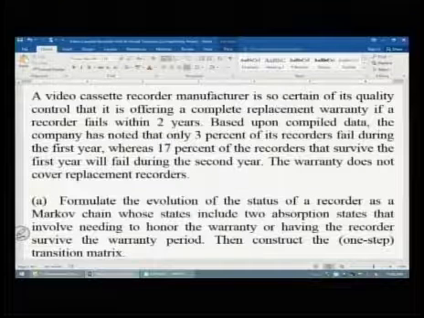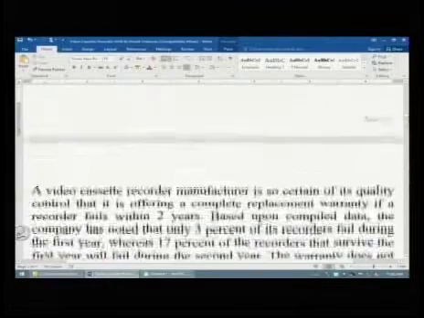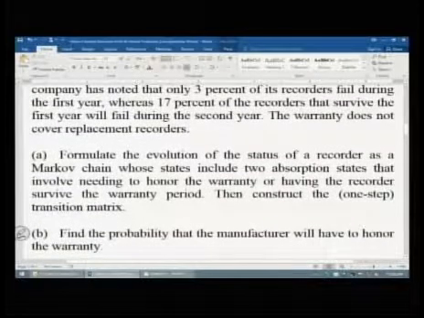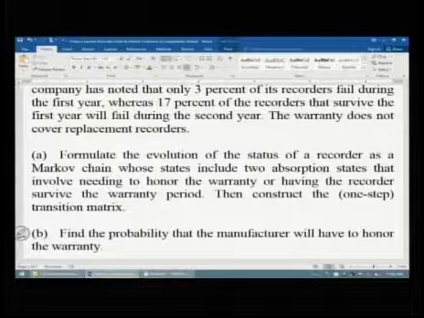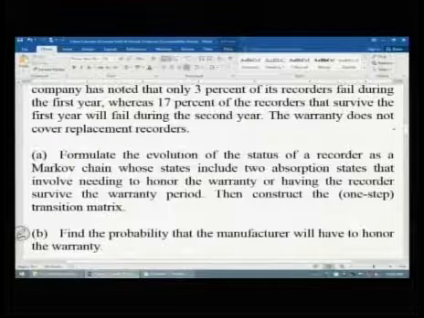Then construct the one-step transition probability matrix. And then we're going to find the probability that the manufacturer will have to honor the warranty. Okay, so this is very similar to what we've done earlier, right?